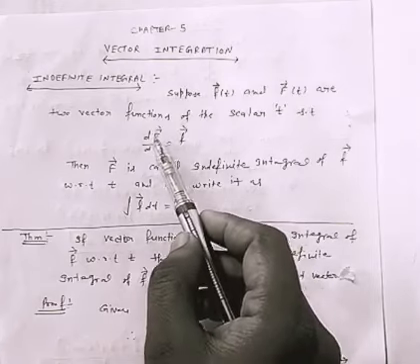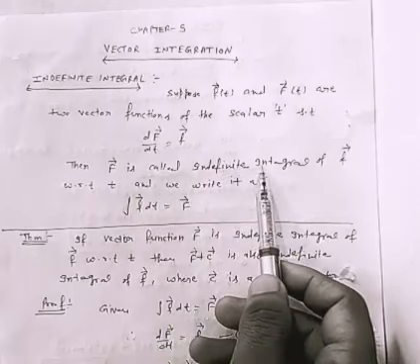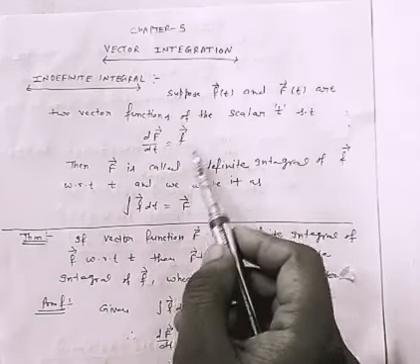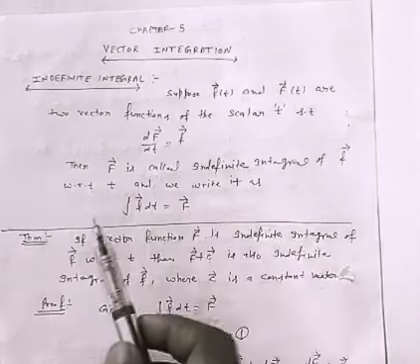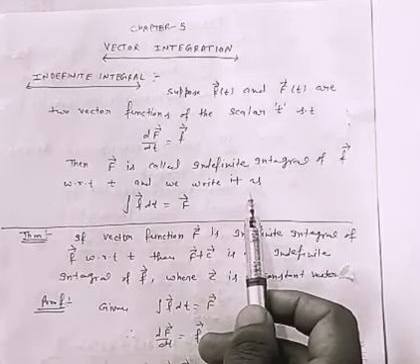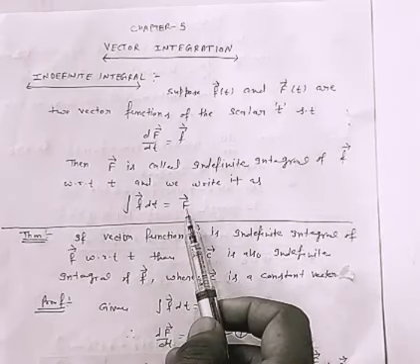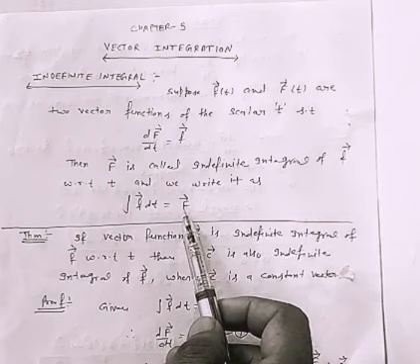Then that capital F factor is called indefinite integral of small f factor with respect to t, and we write it as integral of f dt is equal to capital F factor.